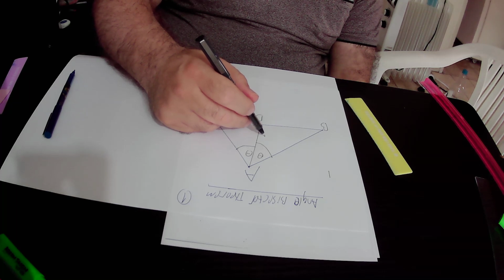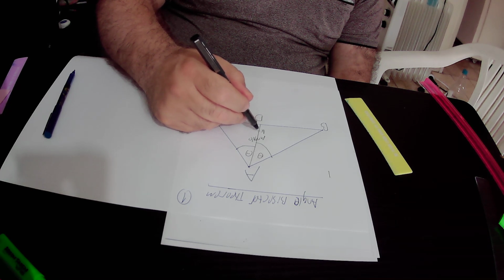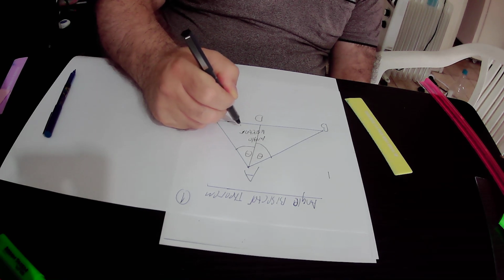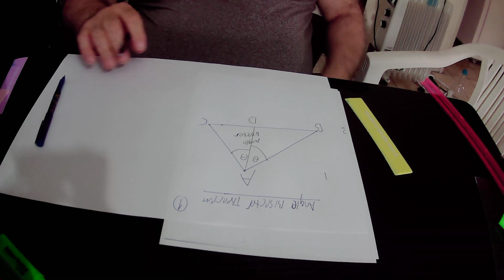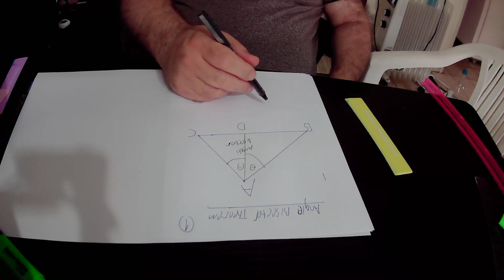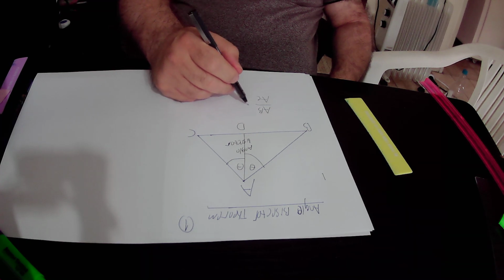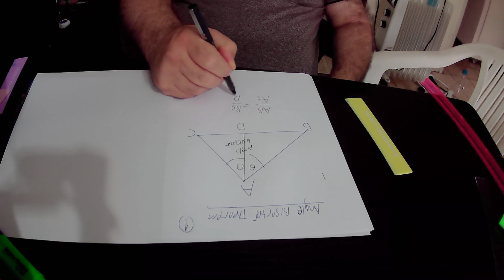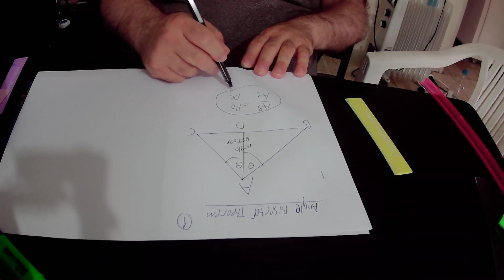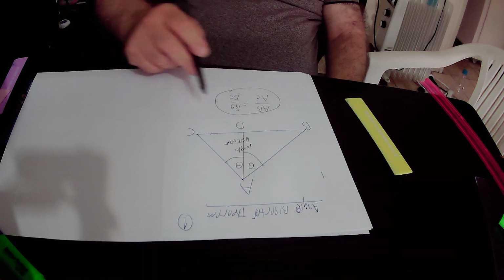So AD is the angle bisector. According to the angle bisector theorem, we get that AB over AC equals BD over DC. In any triangle, if we have the angle bisector AD, then AB over AC equals BD over DC.